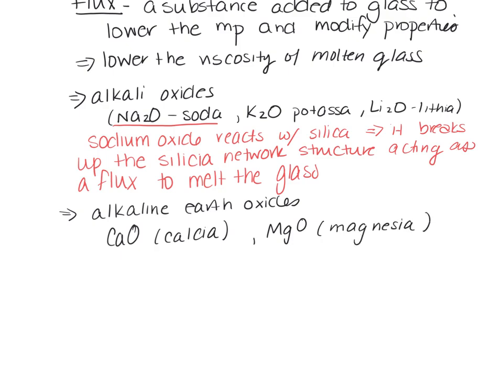Right. And every so often you get some others, like lead oxide. So if you've heard of lead glass, that's what a lot of times is used as a flux, or zinc oxide. And so maybe the burning question in your heart is, well, where do all of these fluxes come from, right? Where do we find the soda and the potassium and the lithium to mix in with our silicon dioxide?